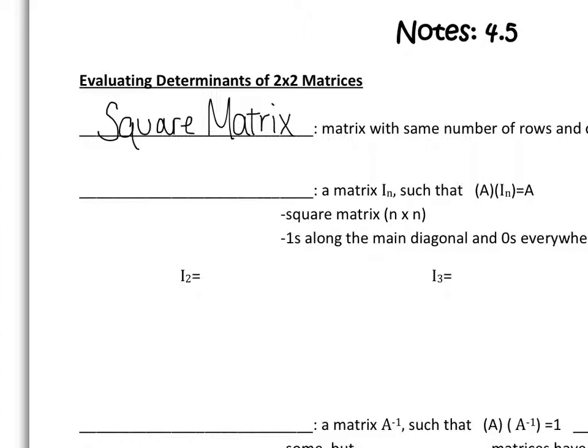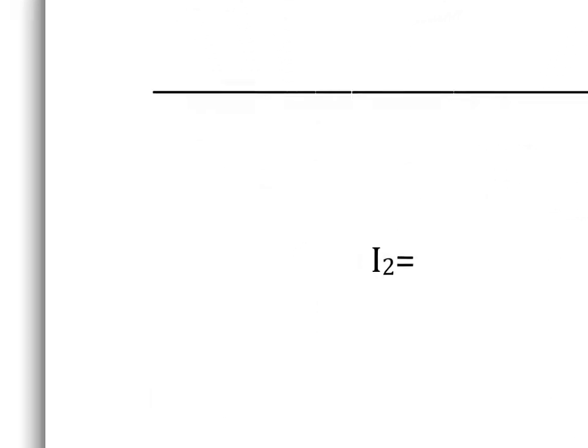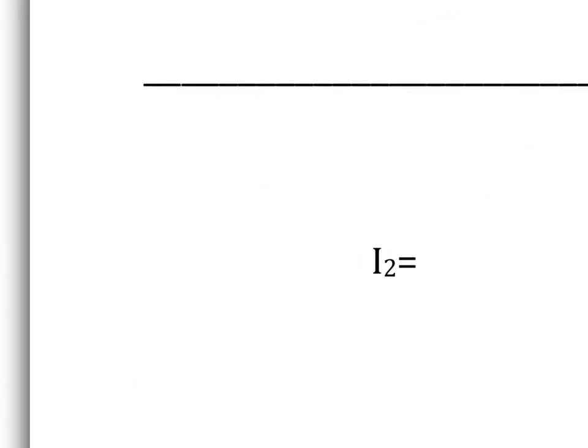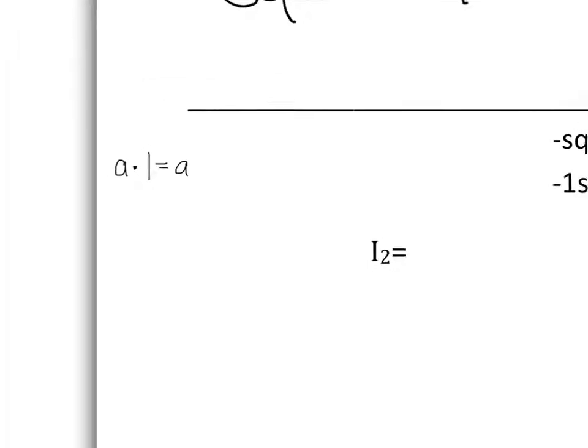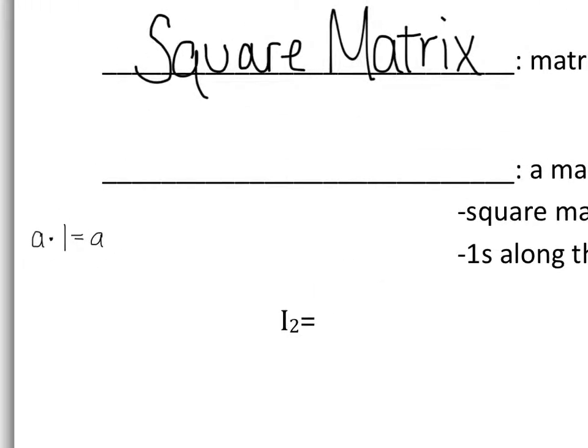All right. Now, do you remember we talked about a multiplicative identity when we were talking about numbers, that A times 1 will always equal A, right? So 1 was the multiplicative identity. We have a similar thing in matrices, but we call it the identity matrix.